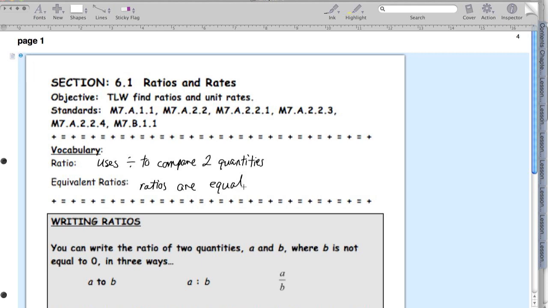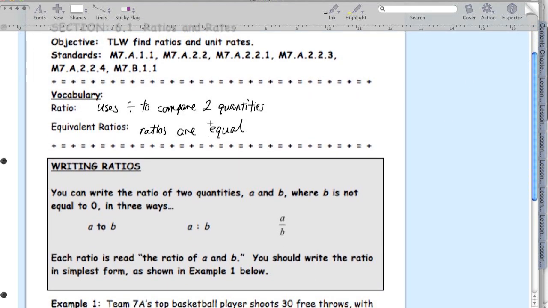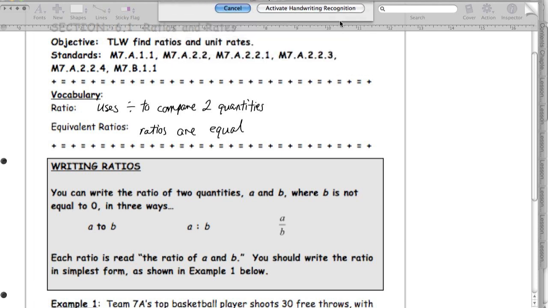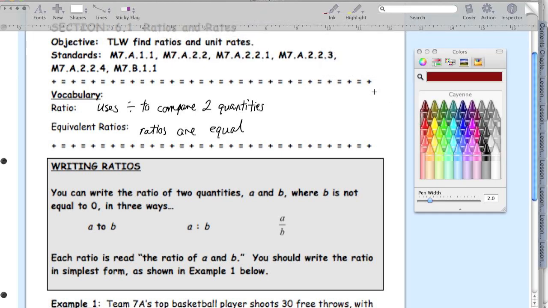Now up till now we've defined ratio, uses division to compare two quantities, but we haven't looked at any yet. So an example, let's draw in a couple possible. A couple ratios. This could be a ratio. This could be a ratio, or something completely different.